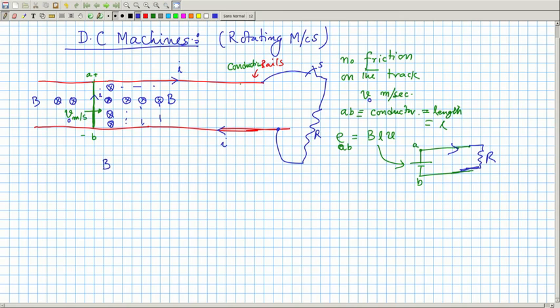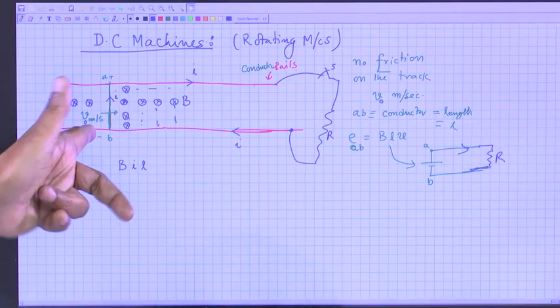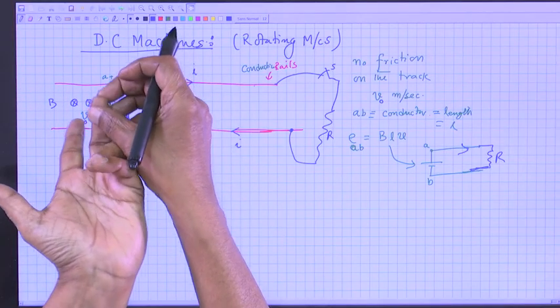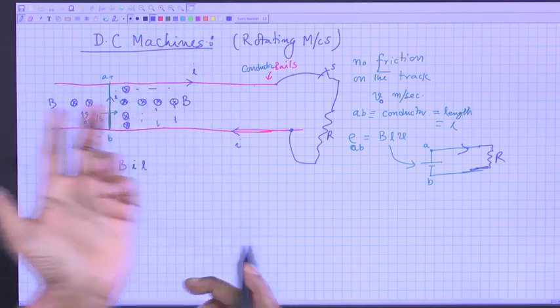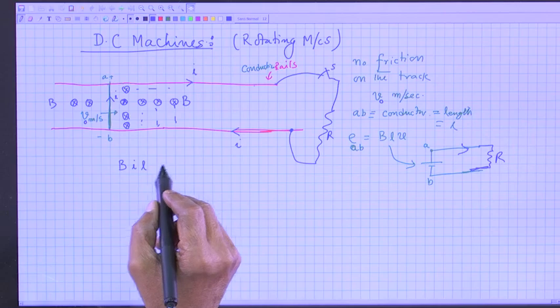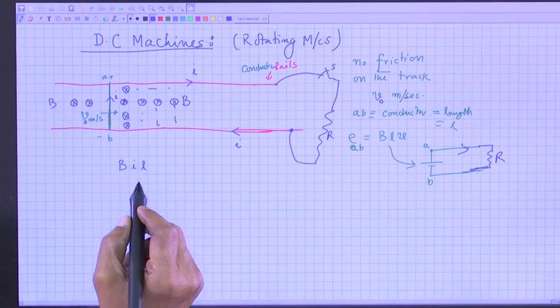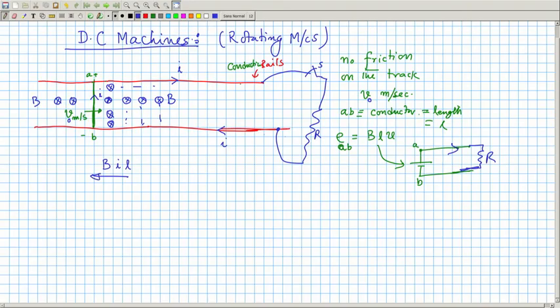BIL. Where is B? And you have to apply the left hand rule. B is here, I is this finger, and the thumb will give you the direction of the force. So, BIL, this much force will act in this direction, opposite to the direction of motion.